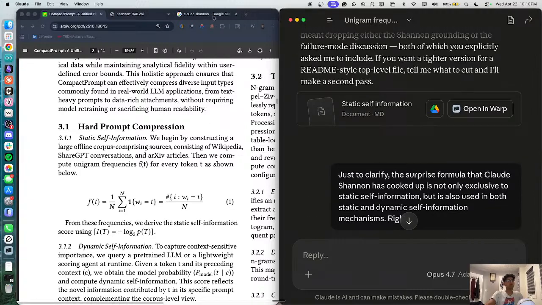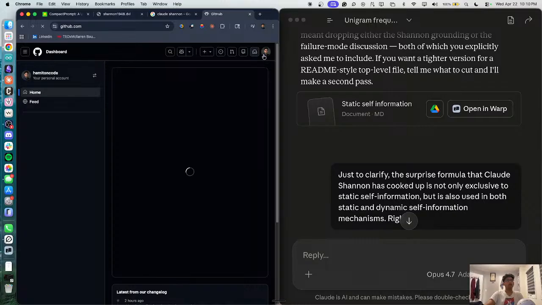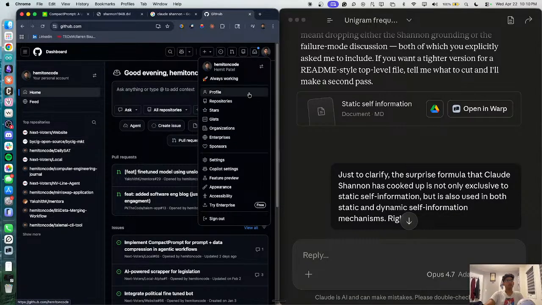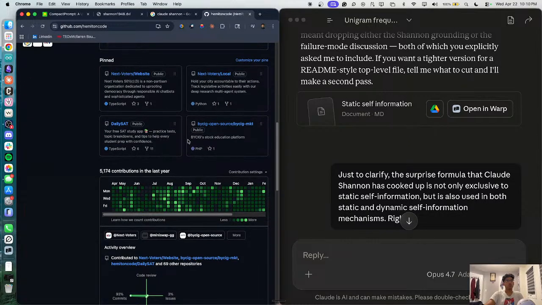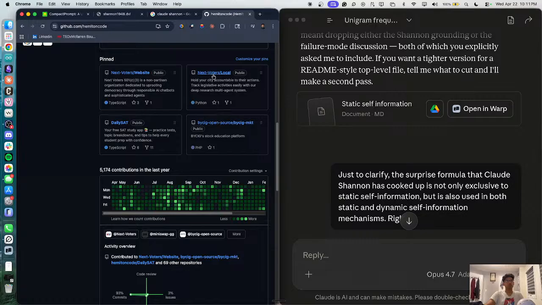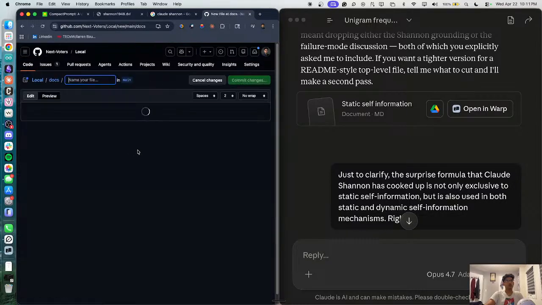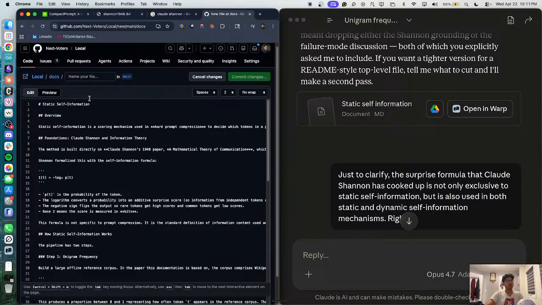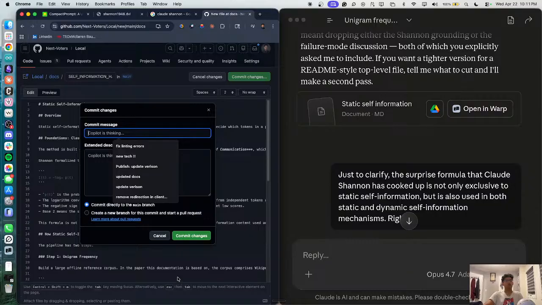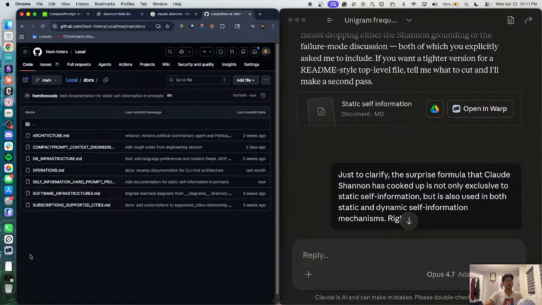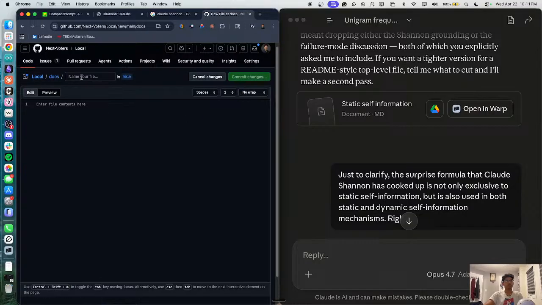Okay, so what I'm going to do now is go to GitHub and go to my profile, and then I'm going to go into my docs here, add file, and then I'm just going to say self_information_hard_prompt_pruning.md. Actually, I'm going to call this compact_prompt, and for now I'm just going to put an init file.